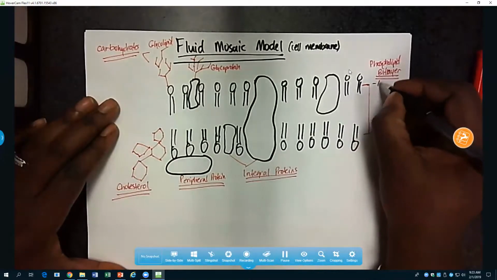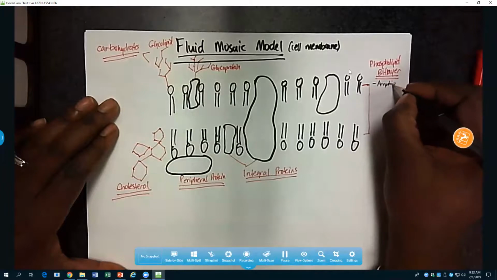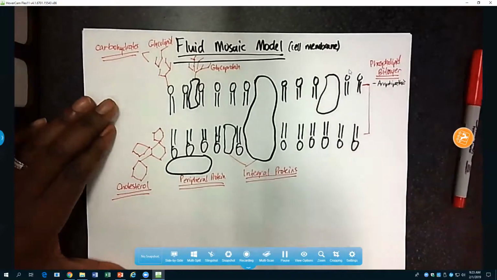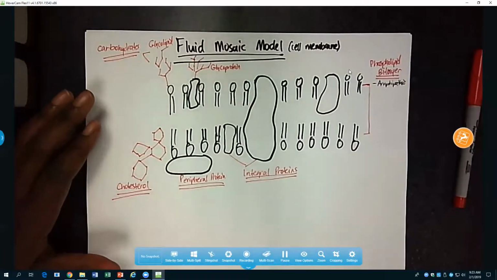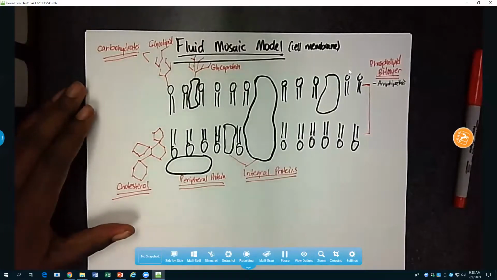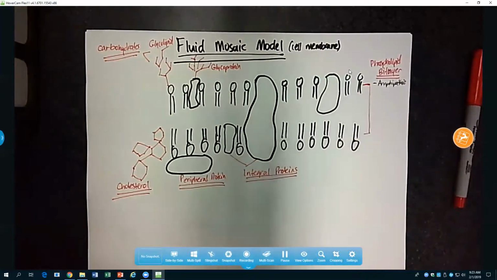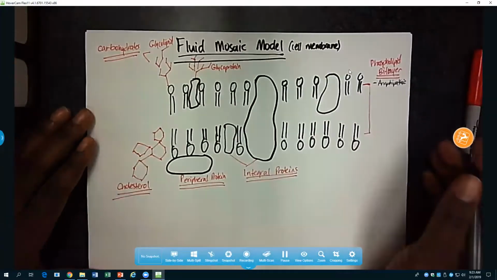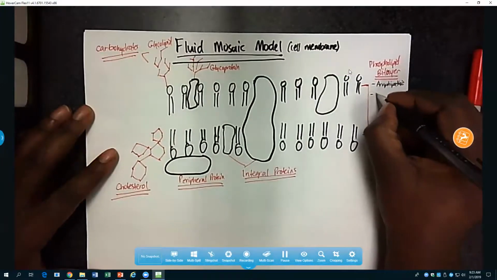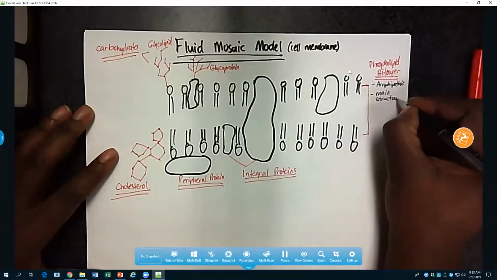So they are amphipathic, right? The head of these structures like water, so they're going to interact with the aqueous environment inside the cell as well as outside the cell. And then the tails are hydrophobic. They do not like to interact with water. Alrighty. So these are going to be forming the main structure of the cell membrane.